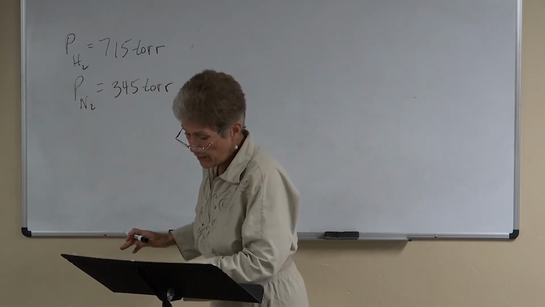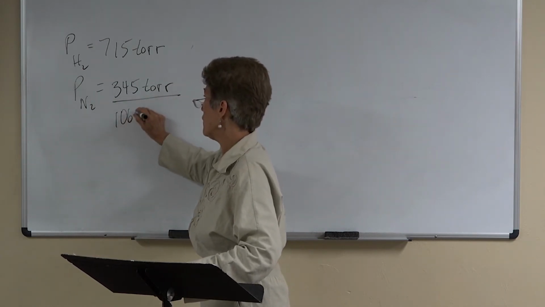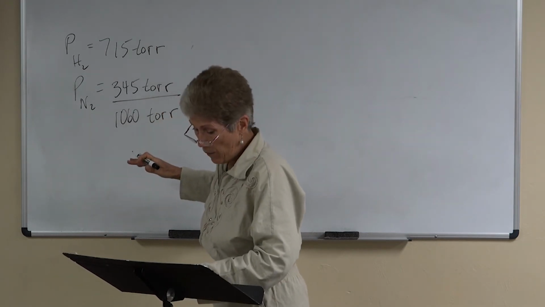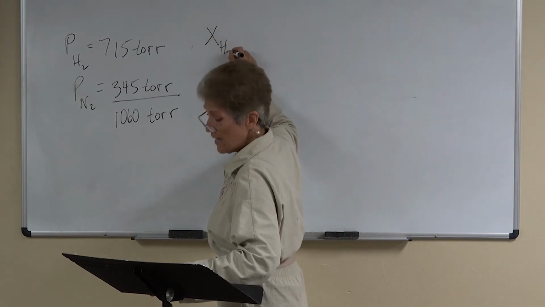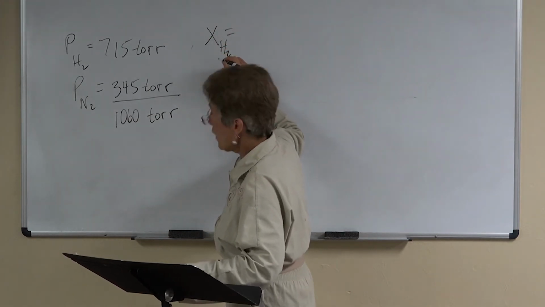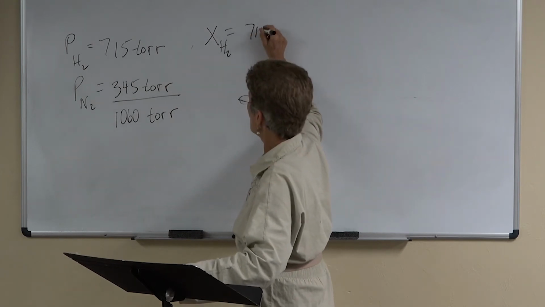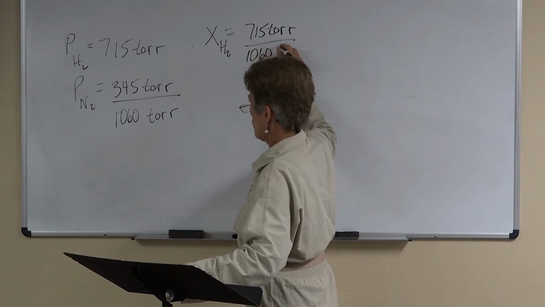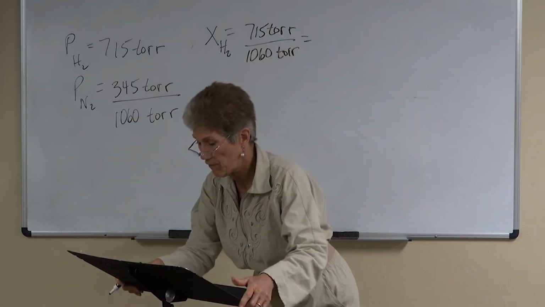And so we know that if we add these two up, which gives us 1,060 torr, that's our total. And we know that the mole fraction of H2 equals the partial pressure divided by the total pressure. Remember, this has 3 significant figures also.